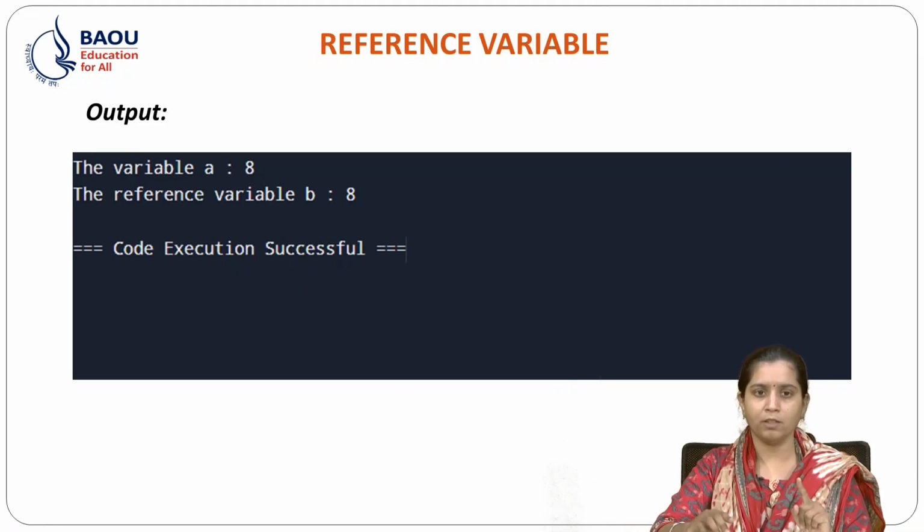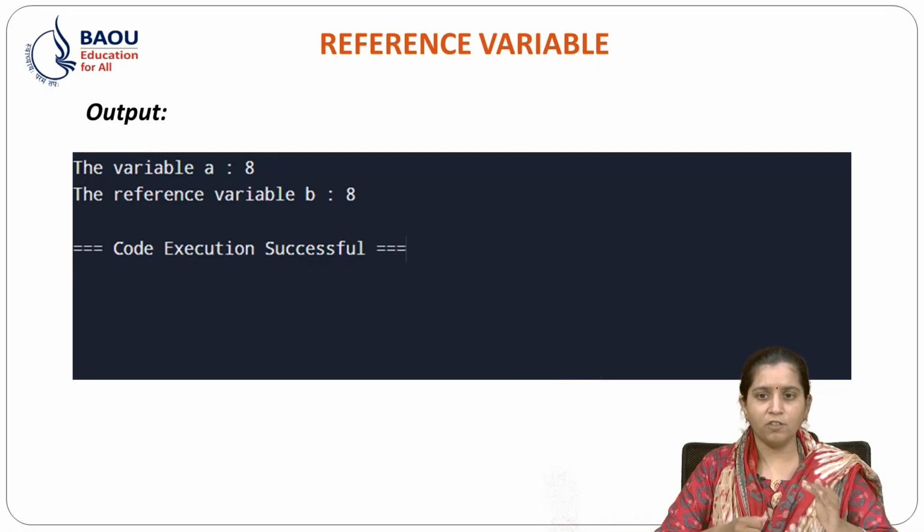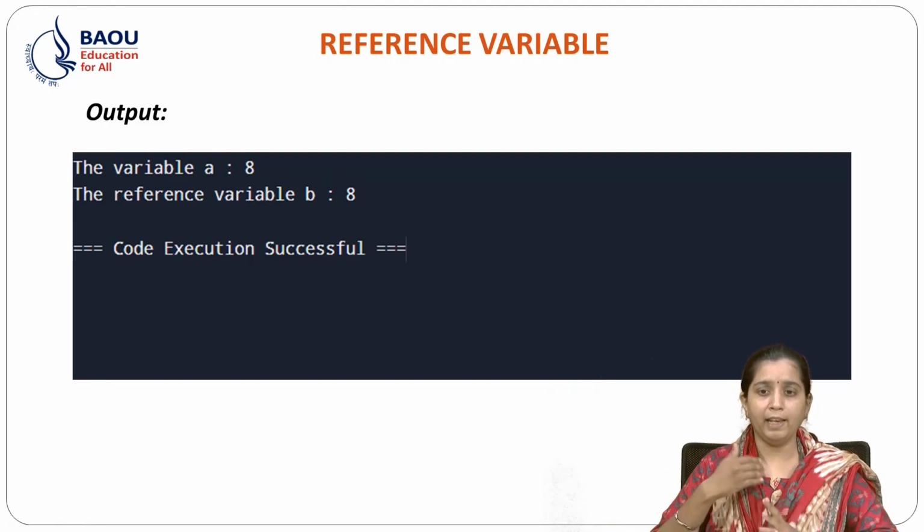Why? Because we have initialized reference variable b and got the value of variable a in b. So b is an alias of variable a. I hope you get the idea about what is a reference variable in C++.